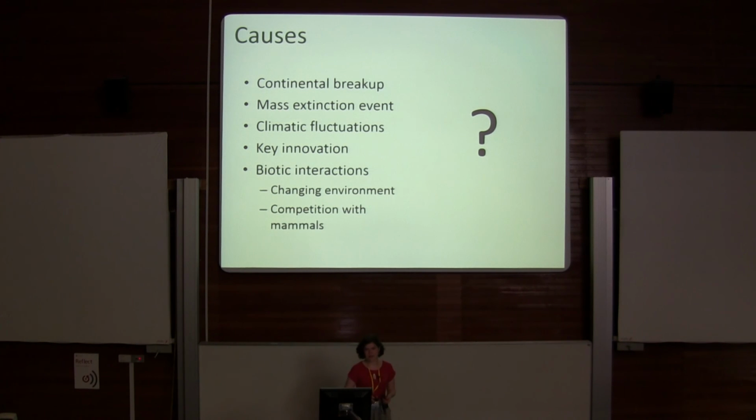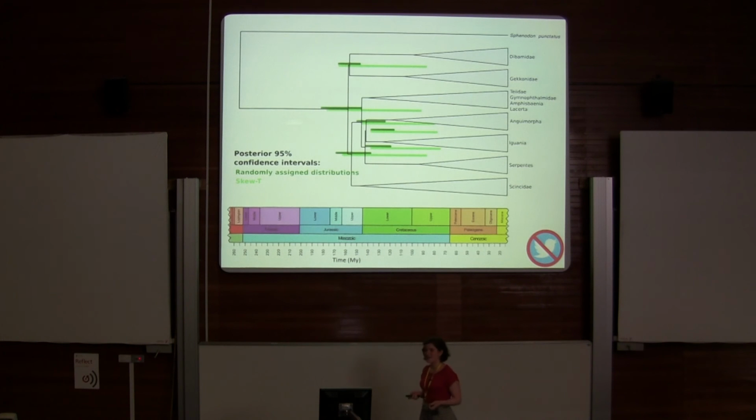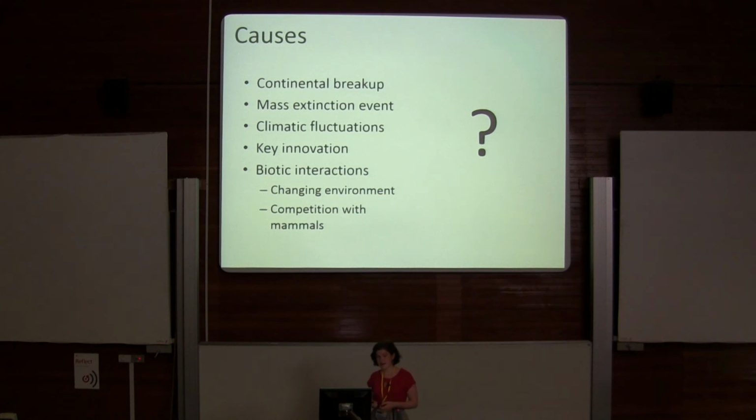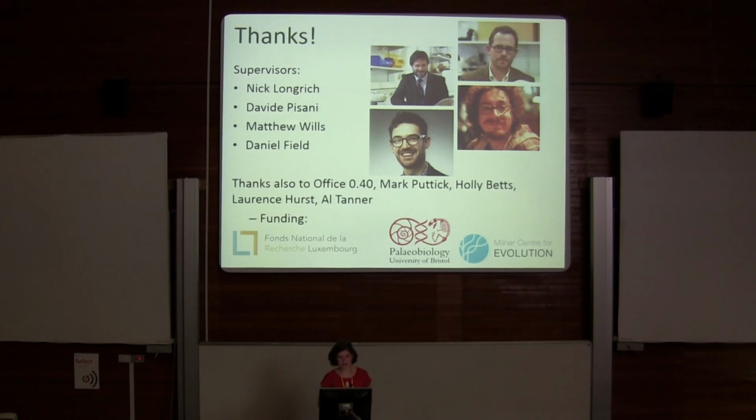I don't know yet, and I'm not sure at the moment the fossil record is at a place where we can confidently say that it's any of these, but certainly it's pointing towards biotic interactions, and there being quite an interesting pattern in the middle to late Jurassic.